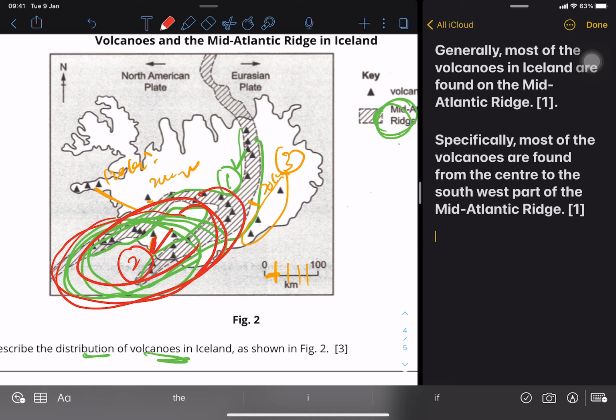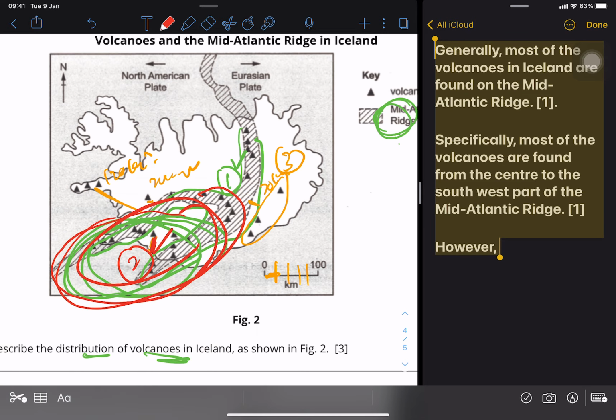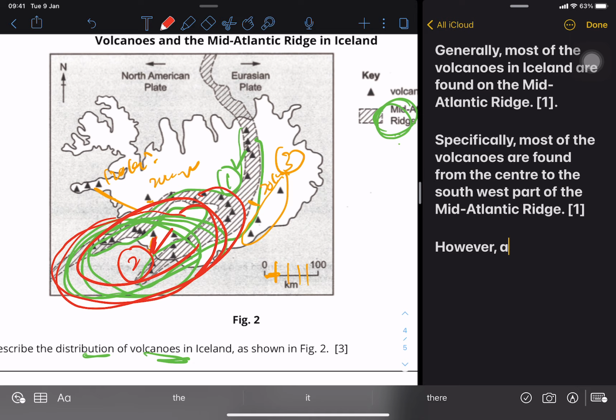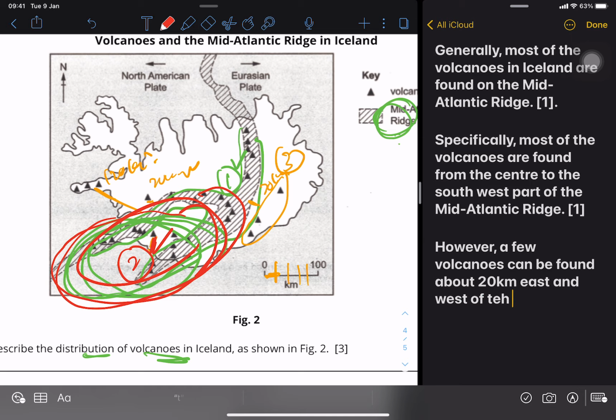Then the third one, talk about the anomaly. However, why is it so small? Just give me a minute. A few volcanoes can be found about 20 km east and west of the mid-Atlantic ridge.